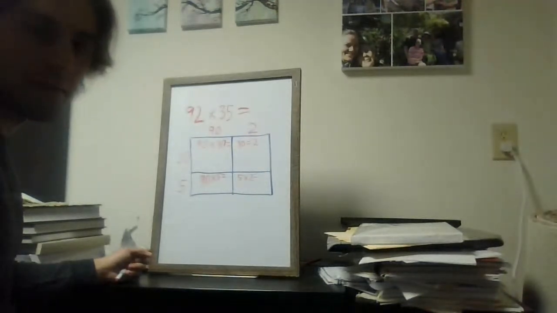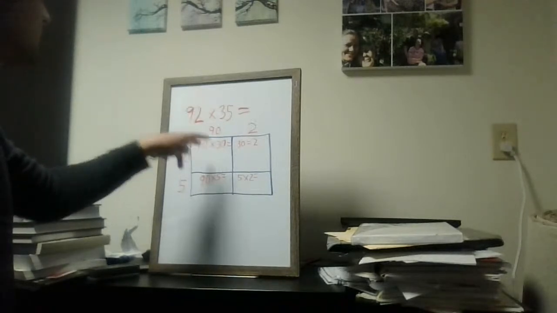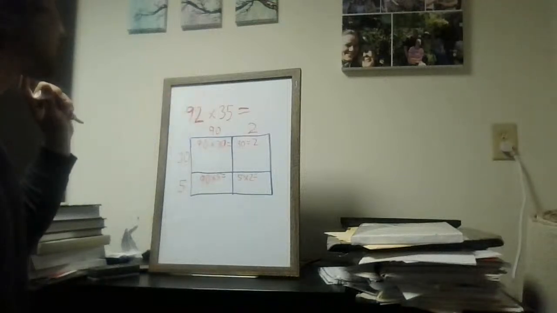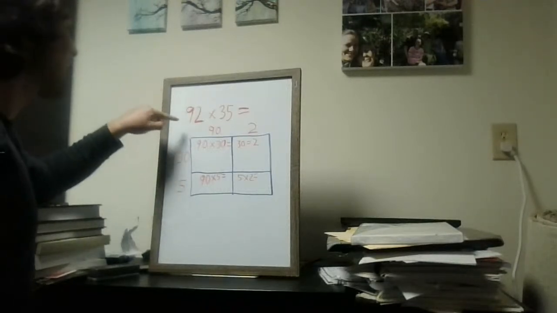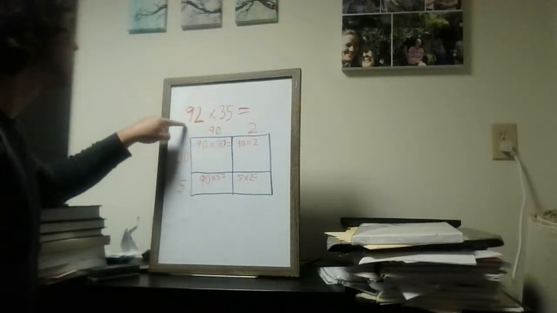So for every area model problem, the 2 digits in the tens place are multiplied together. The 2 digits in the ones place are multiplied together, and then it's opposite 10, opposite 1. So the 9 is going to be multiplied by the 5 in the ones place. So you multiply the 10 with the 1 of the opposite number.